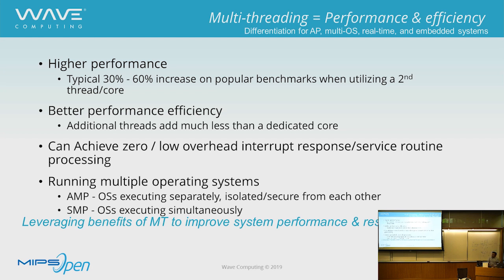Those are some of the critical elements that attract our customers, saying, yes, I'm going to use multi-threading in such a way that I can use these threads to get faster response times for my application. So clearly what we call zero or low overhead for interrupt response, whether it is a 5G application, an autonomous vehicle, or other applications that require instant response to an event.